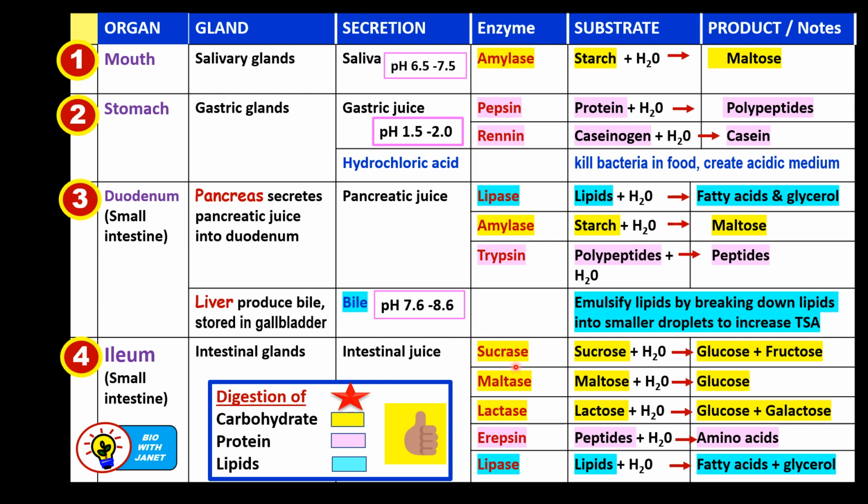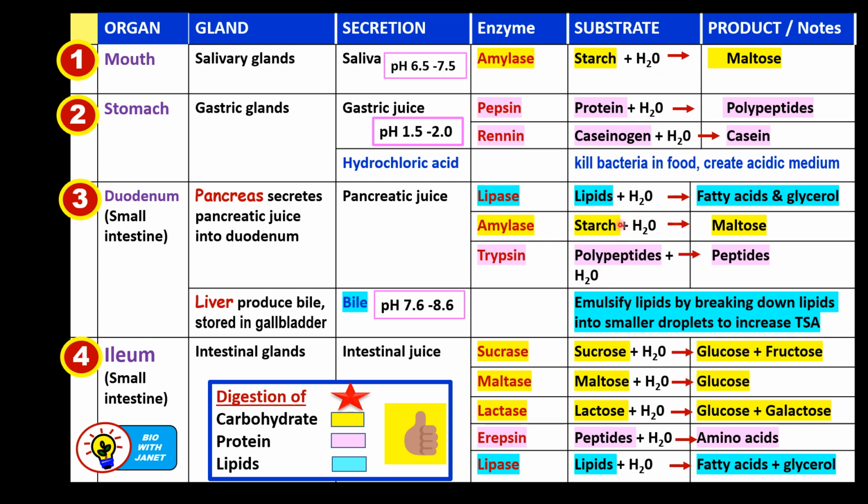And then lastly, after maltose is formed, that's not the end of the digestion process. The maltose is digested by maltase in the ileum to form glucose. So that's an example of a question that can be asked. Therefore, we have to know all about the digestion of carbohydrates in the various parts of the digestive system.